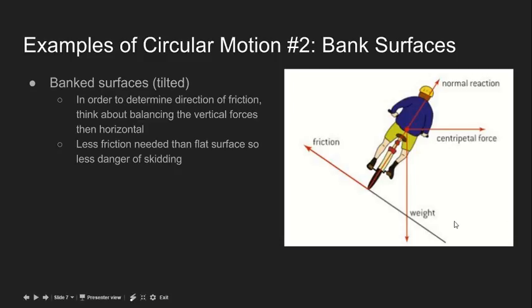Because on a banked surface, if you weren't moving at all, friction, normally because of gravity, because you can divide up the weight vector, as you probably remember from when we were doing linear motion, there's an acceleration down the ramp due to gravity, meaning you would normally move down the ramp, so our friction vector is actually pointing up the ramp.